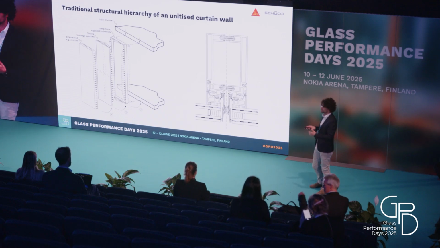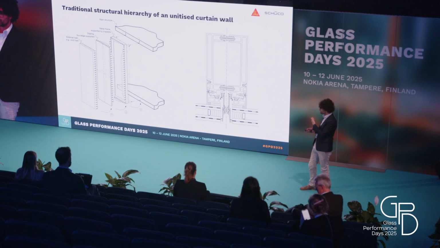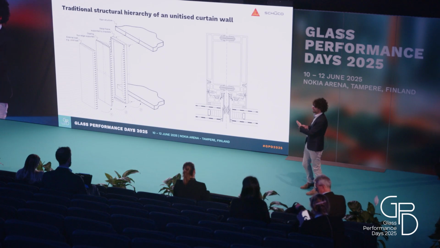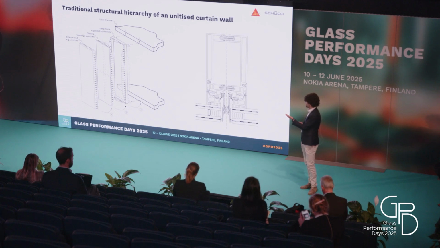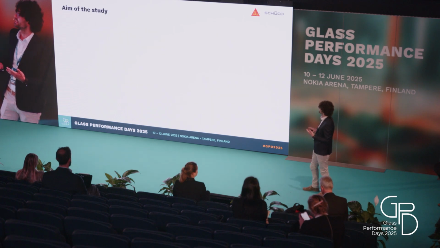You can do sections of a unitized SG facade in many, many ways. This is an example of a cross-section for a unitized SG facade. So an external IGU, most of the time an insulated double glazed unit. And then you have the main mullion that, as I said, is designed to carry fully the out-of-plane loads. And then sometimes you have an adaptive profile, a carrier frame for easy replacement.